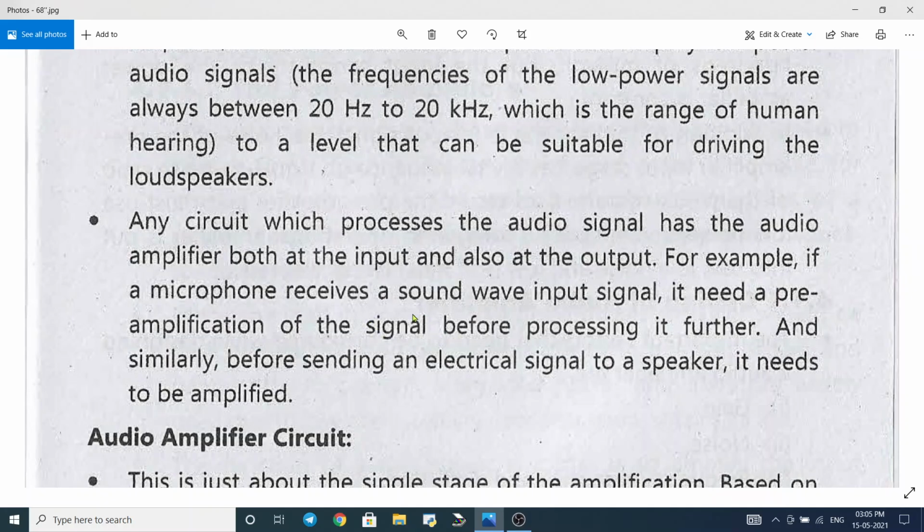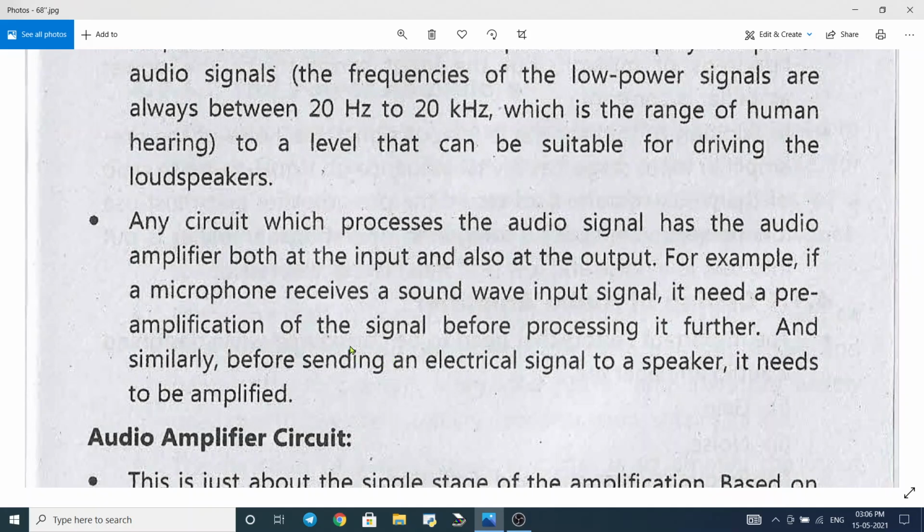Now, what is the need of this pre-amplification? The pre-amplifier circuit will be needed so that the output impedance of the microphone and the input impedance of the power amplifier should be matched.